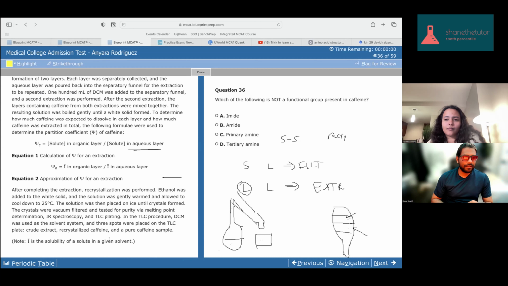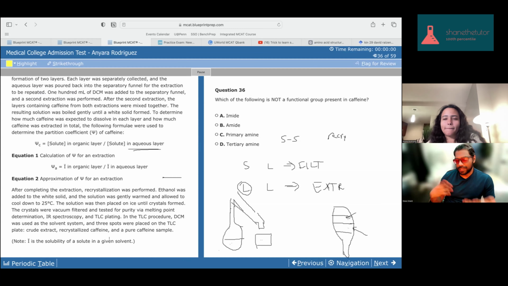So it makes sense that they would use the melting point to determine the purity, because the more pure it becomes, the melting point should go up, right?